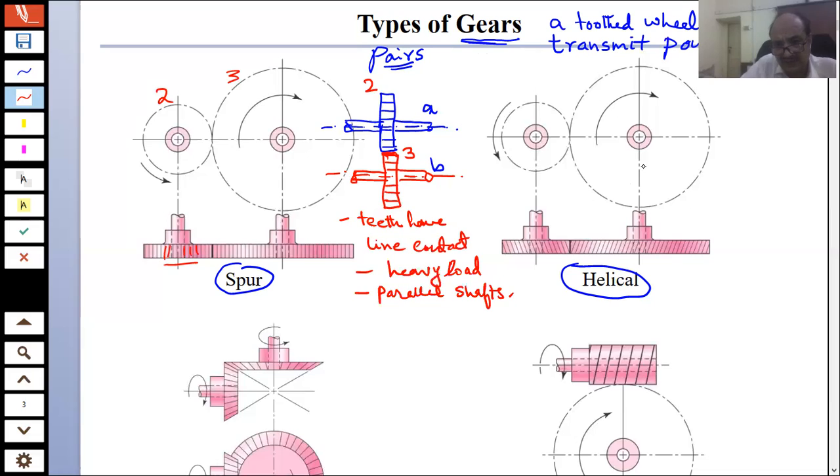Now, if we come to helical gears, in helical gears, the teeth of the gear are not parallel to the axis of rotation of the shaft. Rather, these teeth are at a certain angle to the axis of rotation of the shaft. For example, these are the teeth for a helical gear.